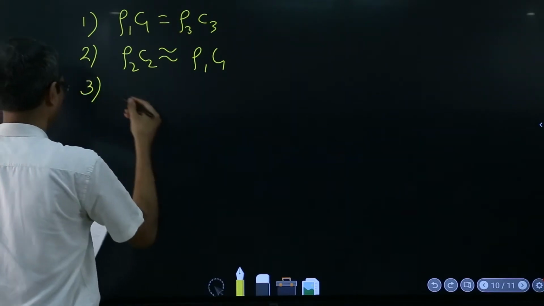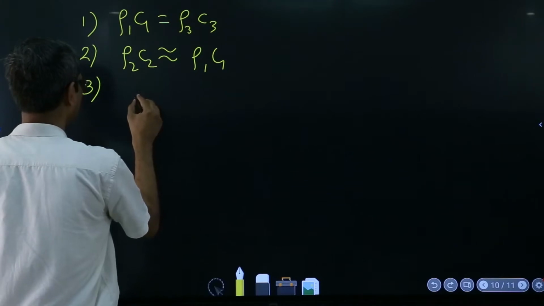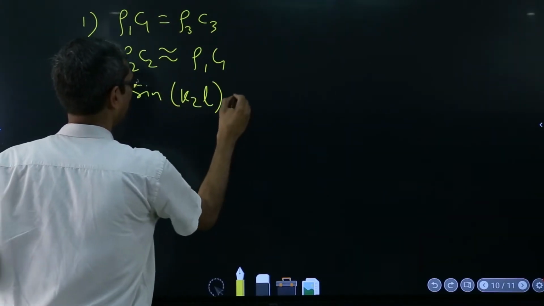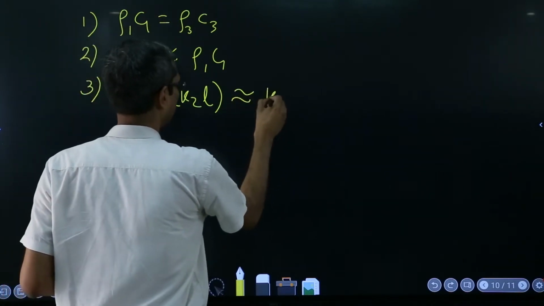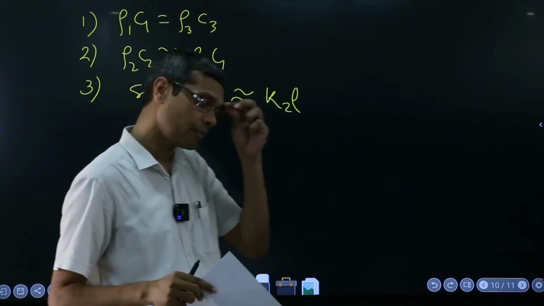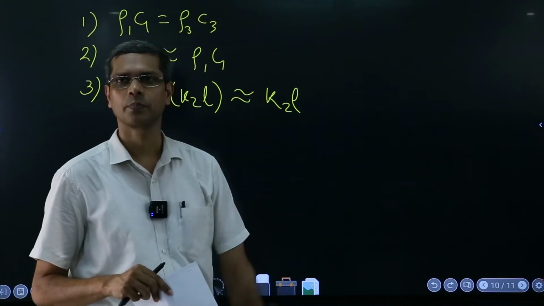And this condition still exists: sine of K2L is approximately equal to K2L. So a thin plate type of material you inserted.